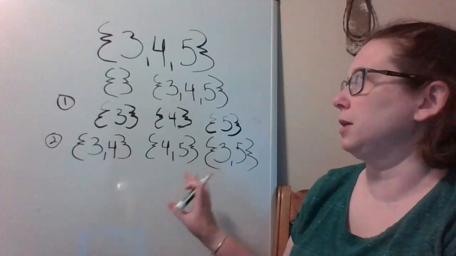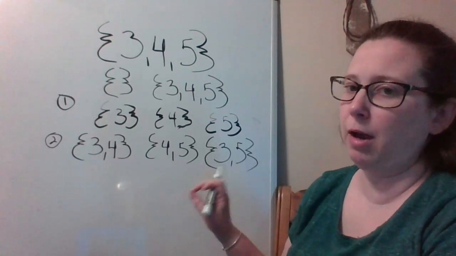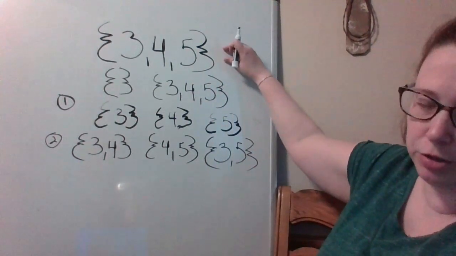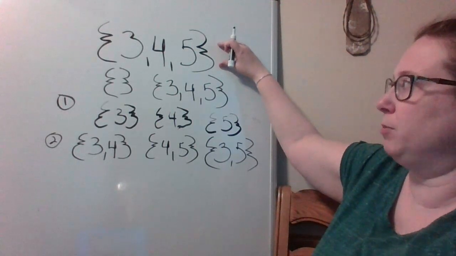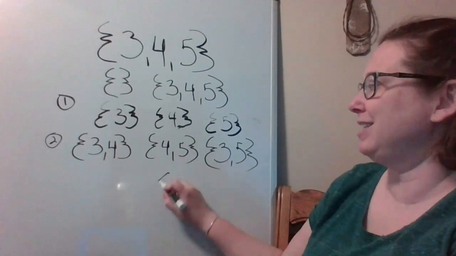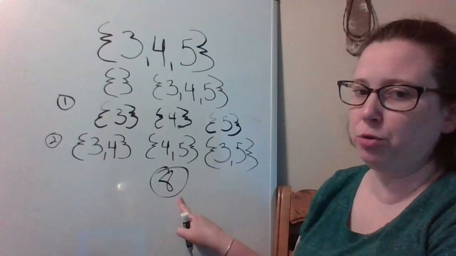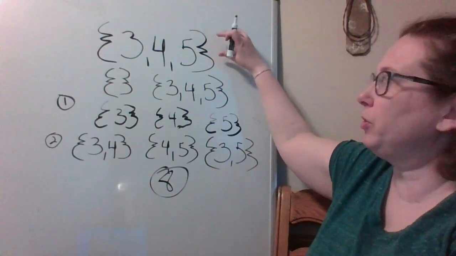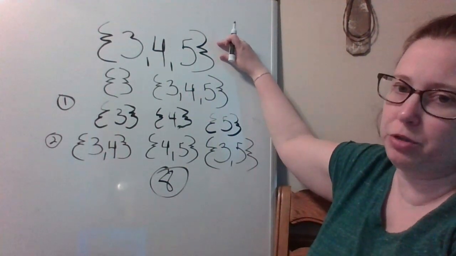So this again is a complete list of how many subsets you should have if your universal set has 3 elements. So we have 1, 2, 3, 4, 5, 6, 7, 8 subsets in total. That's going to happen every time you start out with 3 elements in your universal set.